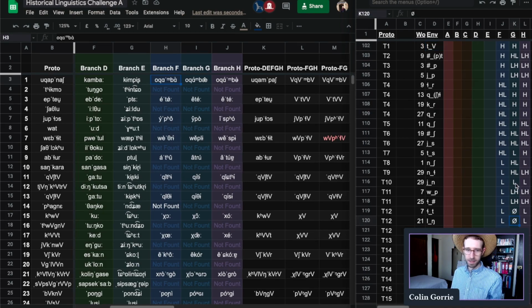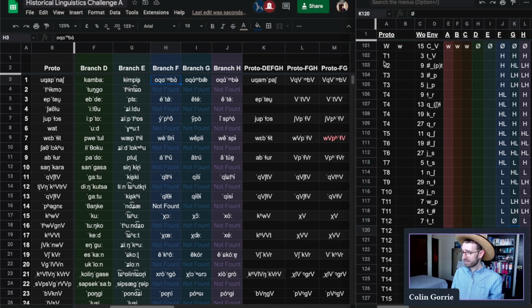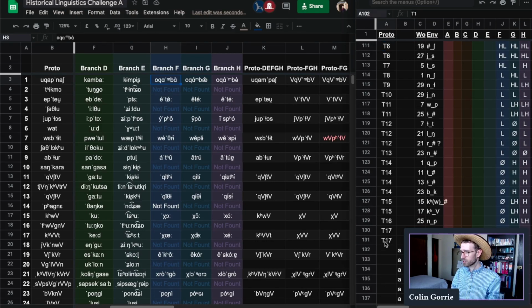I've marked it with this 0 symbol over here on the right. How many actual instances of vowels do we have in these? We have 30. So out of 30 vowels in the words shared by FGH, we have 17 distinct combinations of tones.